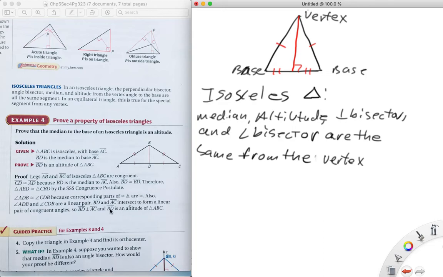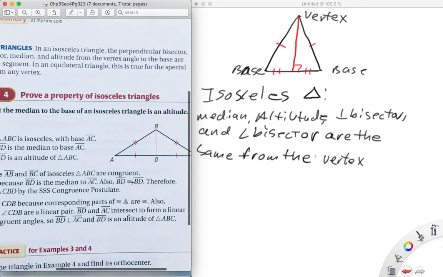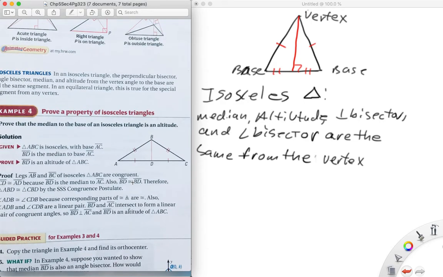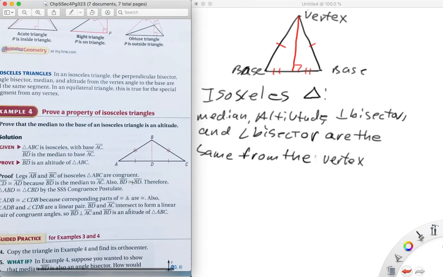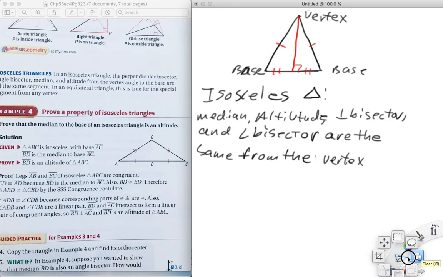So with that information, you can do some things. Here they have a little proof. We have this isosceles triangle, and they want you to prove that it's the altitude. Remember, altitude just means it's perpendicular.